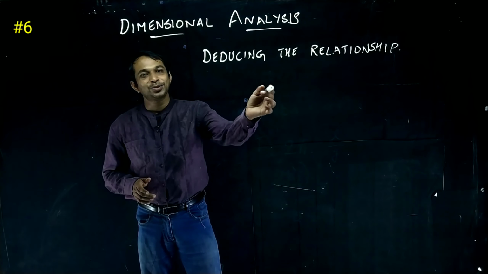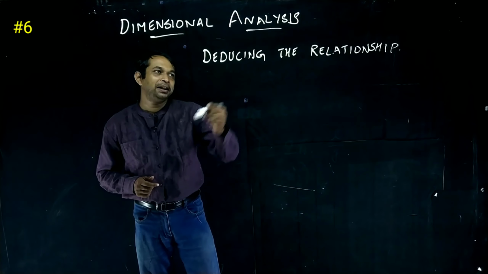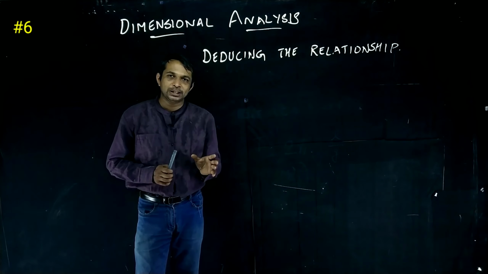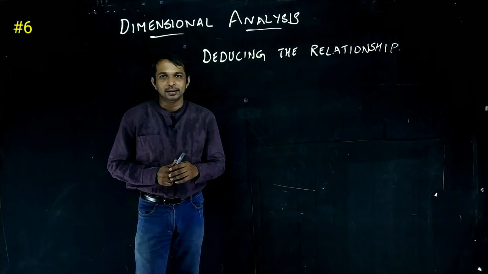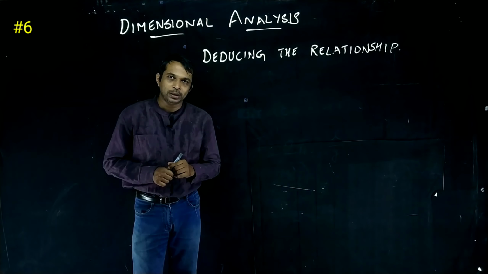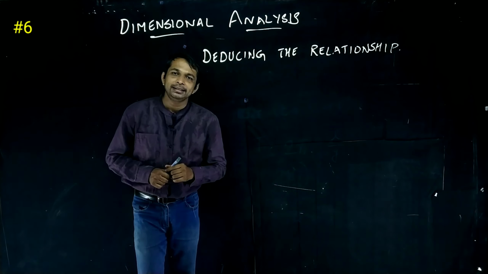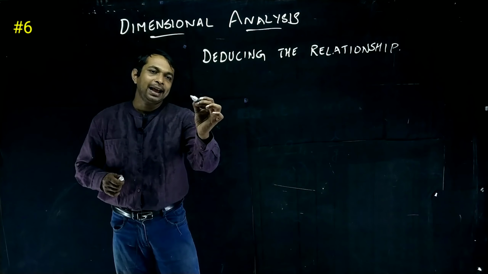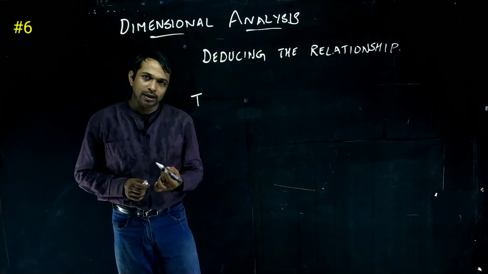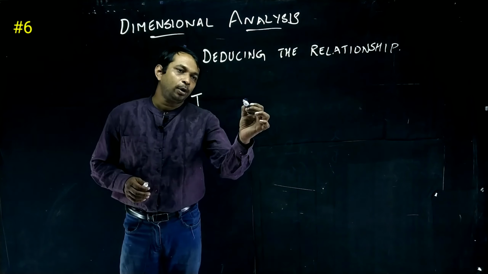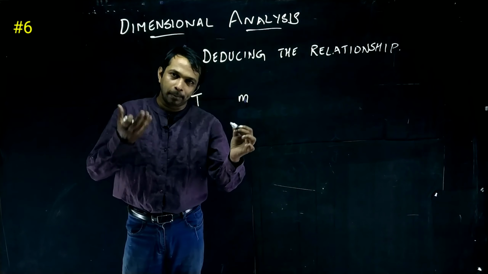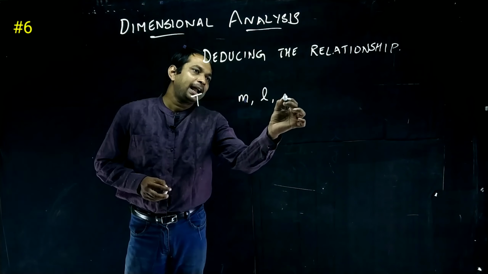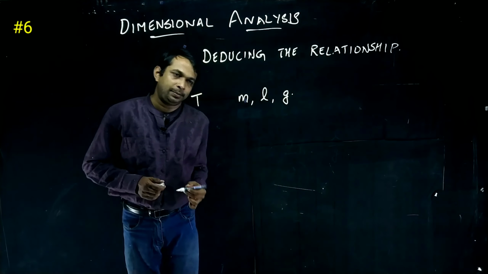Now the last topic of your chapter, deducing the relationship. This can be explained in the best manner with the example 2.17. In that example, they are saying that the time period of a simple pendulum is dependent upon the mass of the bob, the length of the pendulum, and the acceleration due to gravity.